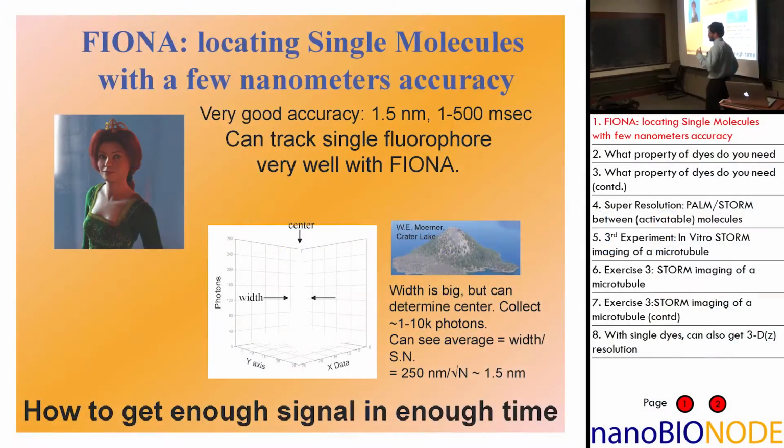We're going to continue where we left off. Last time we talked about FIONA and about getting enough signal, and a lot of fluorophores have limited photostability.